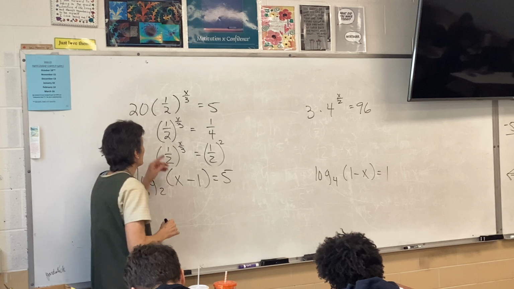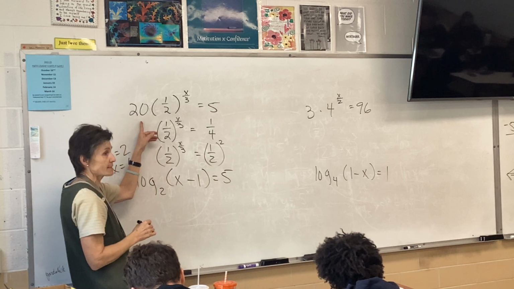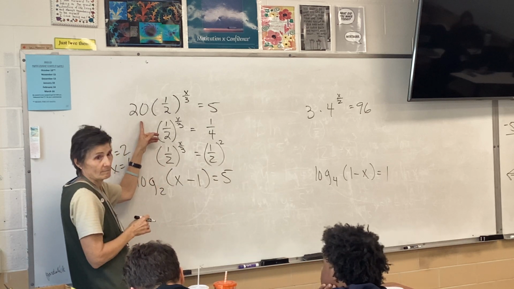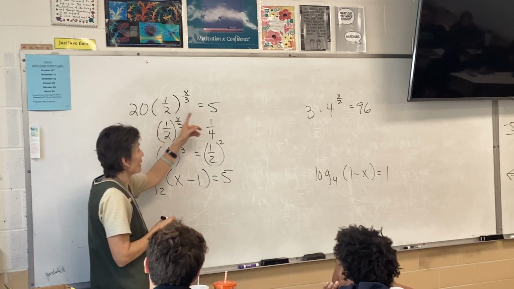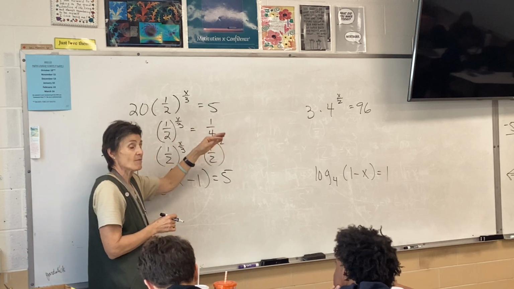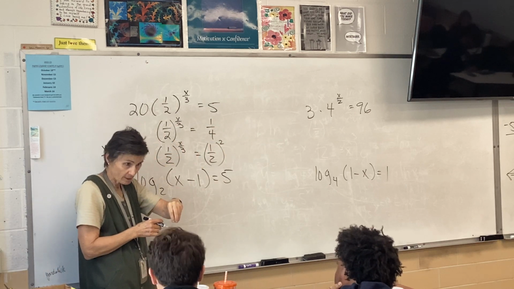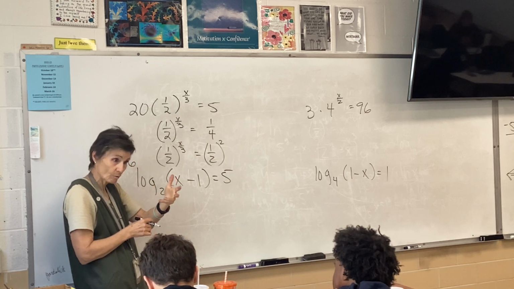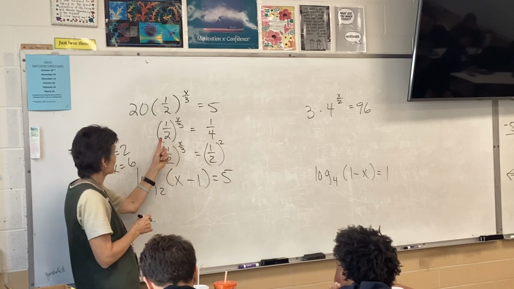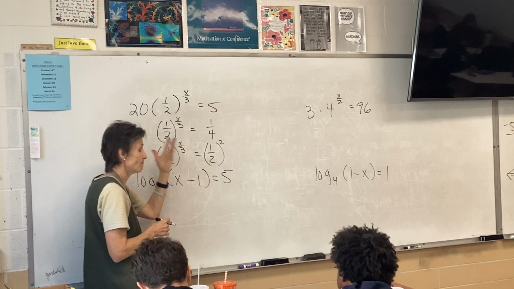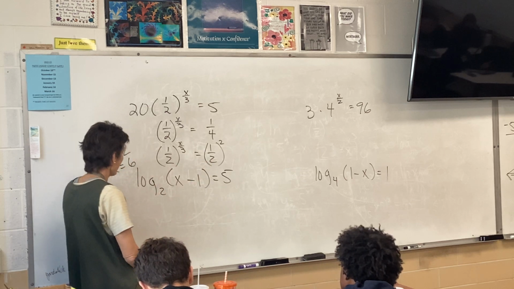Now, if this number had been, let's say, an 18, we would have started by dividing, right? But then we would have needed our calculator because we would have needed logarithms to solve it. But since we could get the bases the same, we didn't need a calculator. All right, what about this guy?